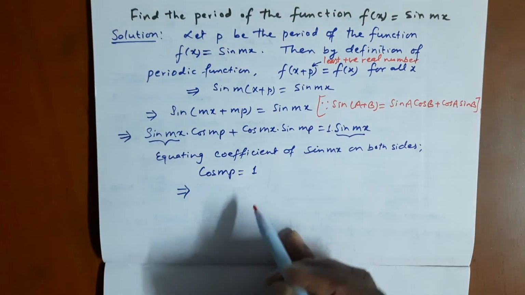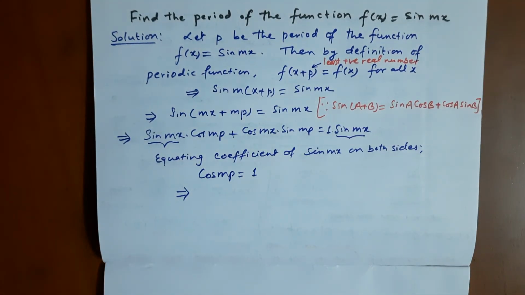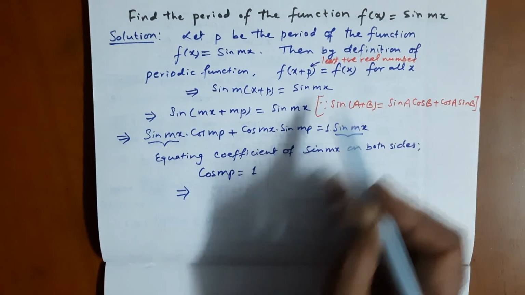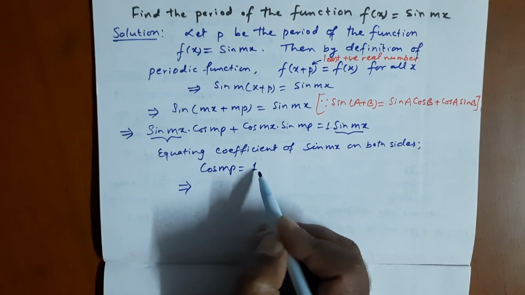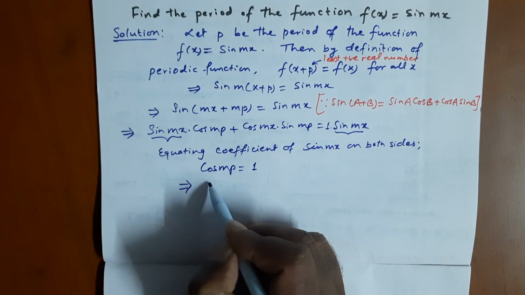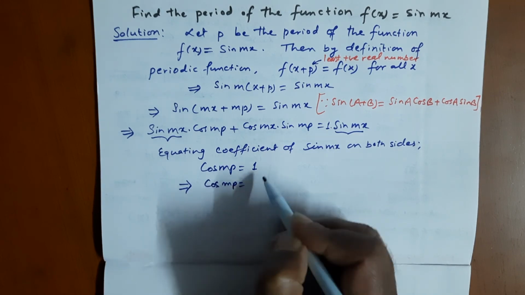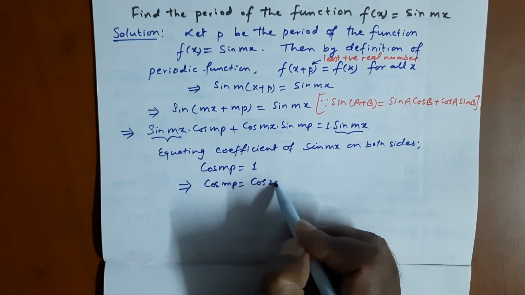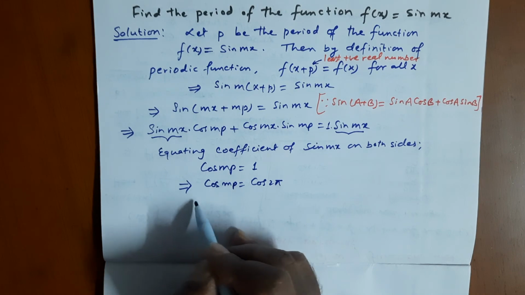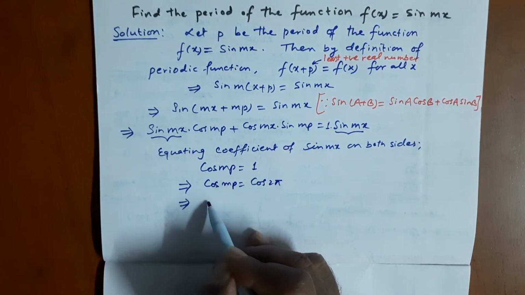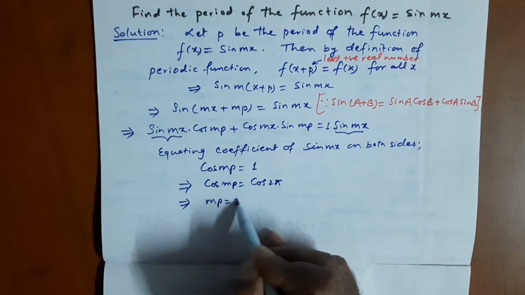So you can't take cos 0 degree here because to be a period this must be the least positive real number. So here we will take cos 2 pi, 360 degree. cos(mp) equals 1 means it is cos 2 pi radian, and this implies mp equals 2 pi.